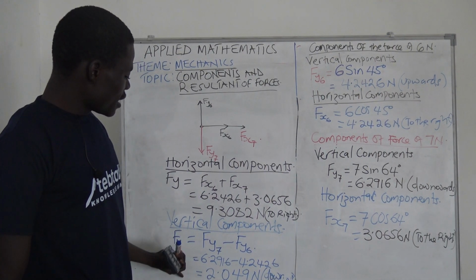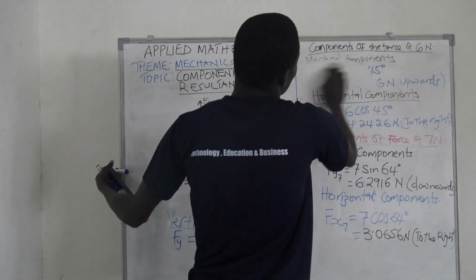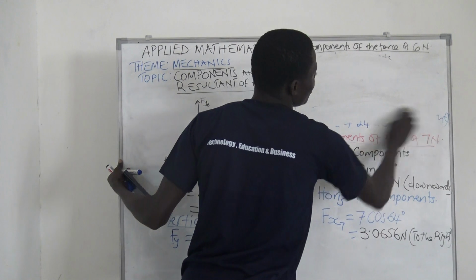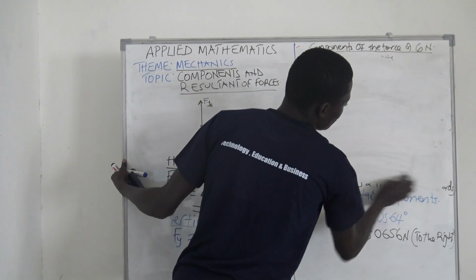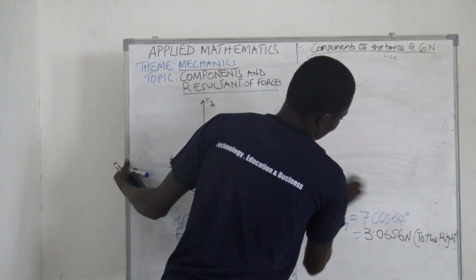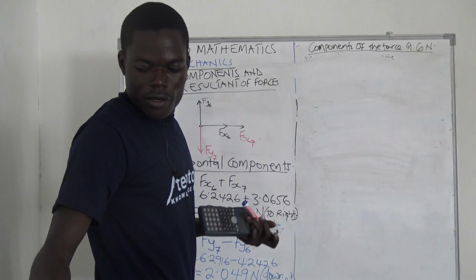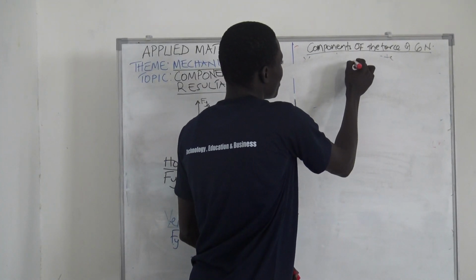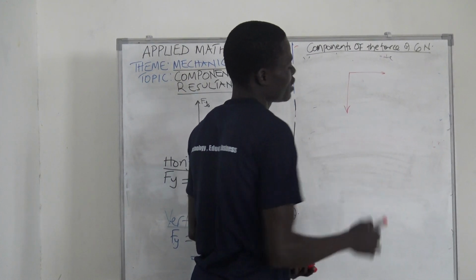So let us finish the final answer. Get the final answer first. So now we have only two components remaining, the one acting horizontally and the one acting downwards.